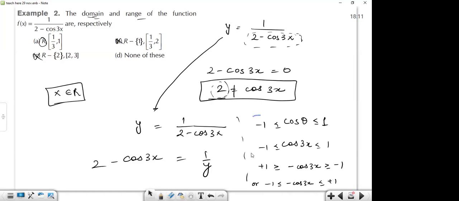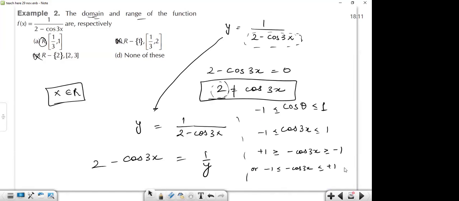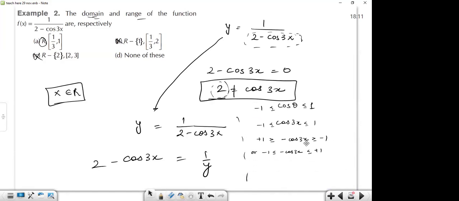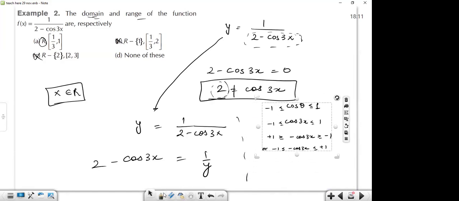Yes, sir. Okay, so is this visible clearly, right? Yes, sir.